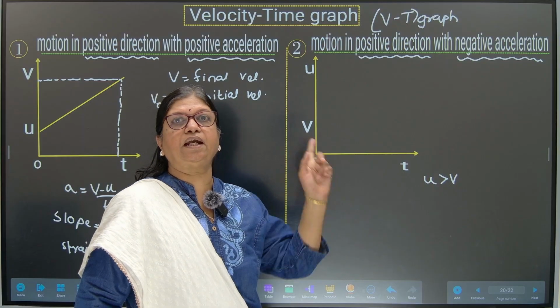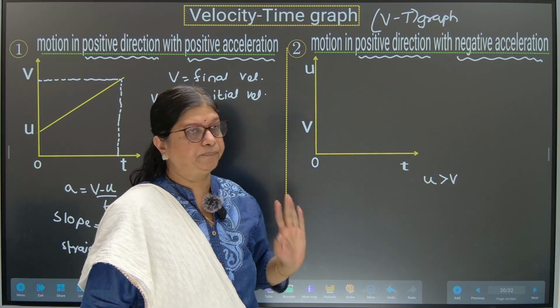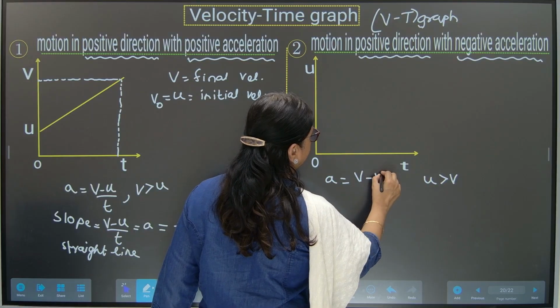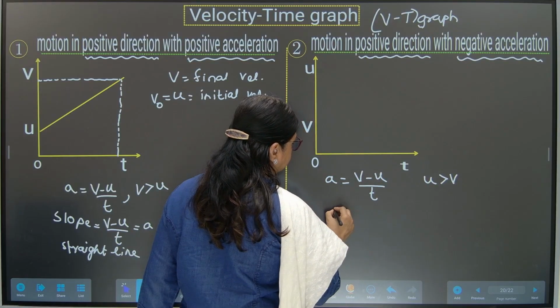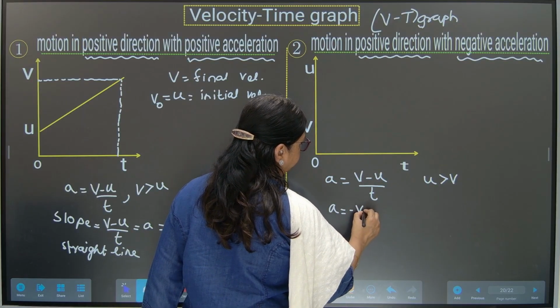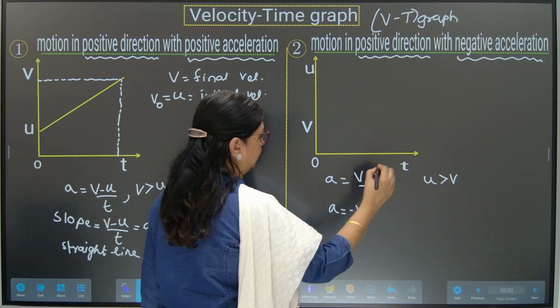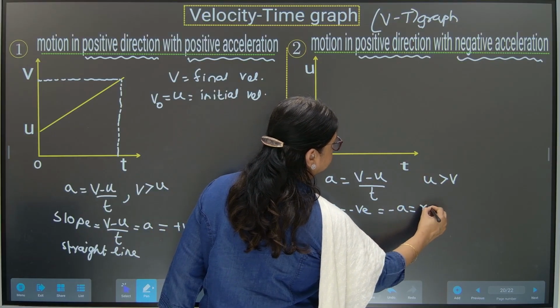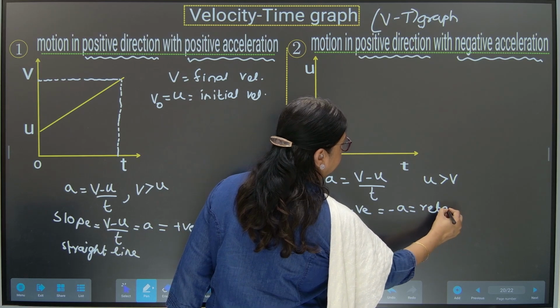Initial velocity is greater than final velocity. The acceleration formula is written as v minus u by t, but the answer is negative because u is greater than v. So such a negative acceleration is also called retardation.